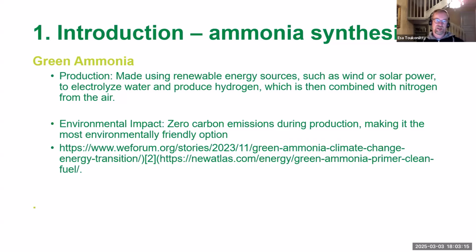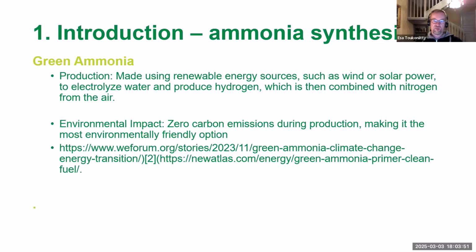So electrolysis of water and hydrogen from that process. And the nitrogen comes from the air, so renewable green hydrogen. And what is said about the environmental impact, so it could be zero carbon emissions during the production, and it's more or less the most environmentally friendly alternative for making ammonia.